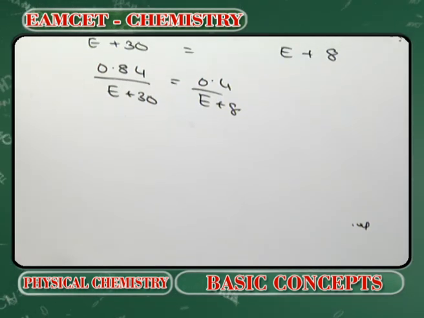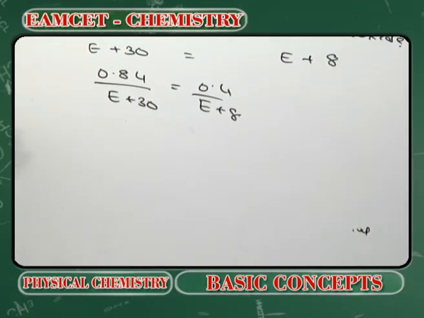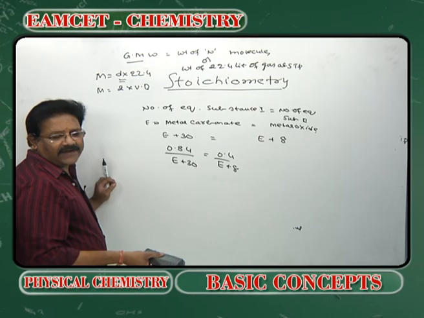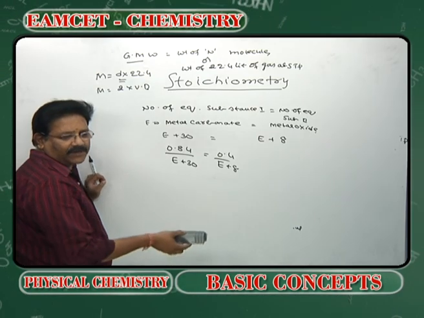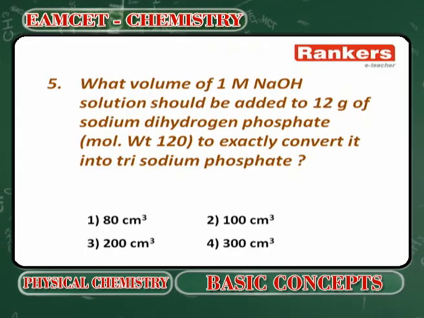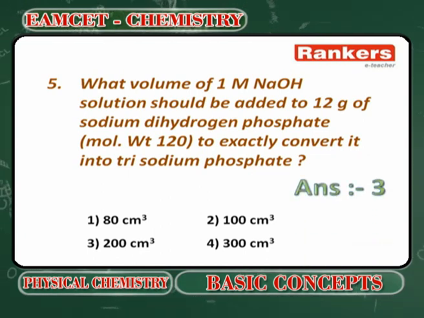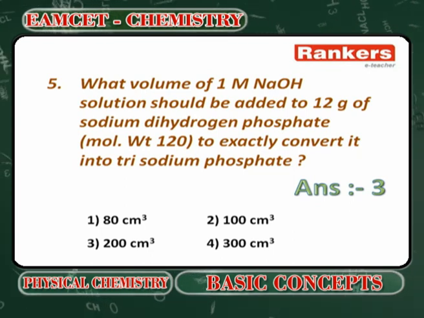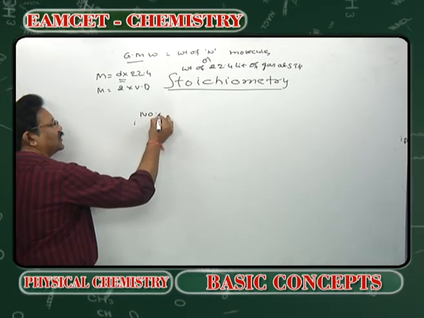Next, what volume of 1 molar NaOH solution should be added to 12 grams of sodium hydrogen phosphate of molecular weight 120 to exactly convert into trisodium phosphate? Here also the same thing.